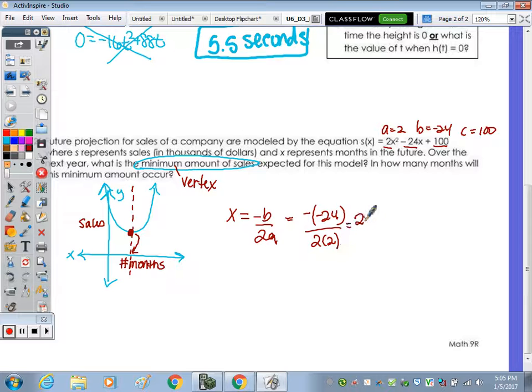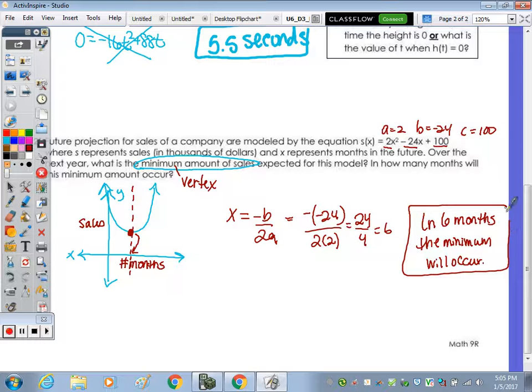So we end up with positive 24 over 4 is 6. So in 6 months, the minimum will occur. So what we just found is the 6 of the vertex.